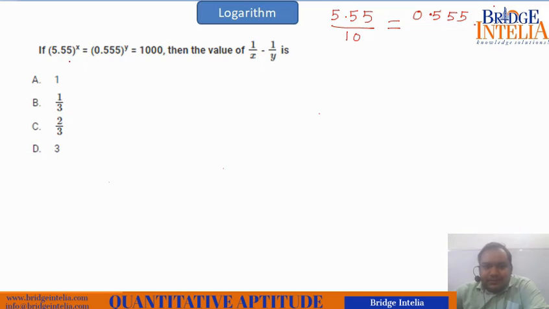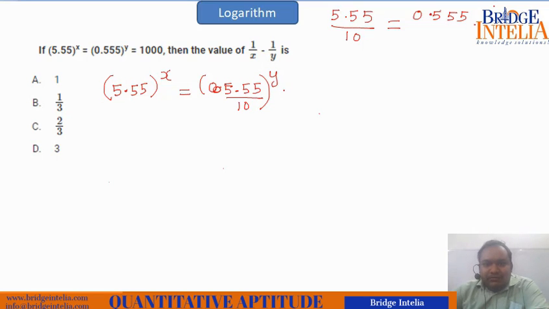So what is given to us? It is told to us that 5.55 whole to the power x is equal to 0.555, which can be written as 5.55 whole divided by 10, to the power y, is equal to 10 cube. This is given to us. Now take log of all these three terms.